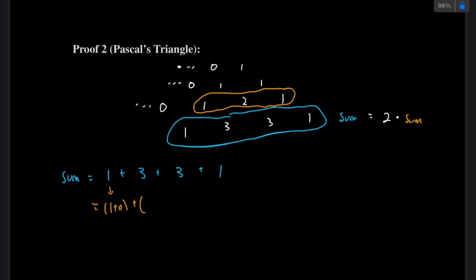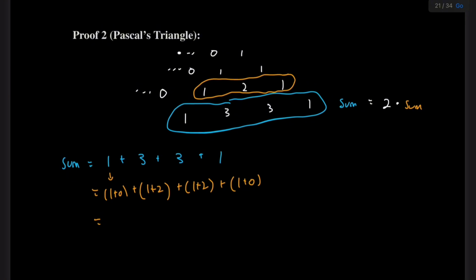What about the 3? Well, the 3 came from 1 plus 2. The other 3 also came from 1 plus 2. And the 1 again came from 1 plus 0. But now, what we've essentially written out is all the entries in the row twice, right? So what do I mean by that? We have a 0, we have a 1, we have a 2, and we have a 1, right?